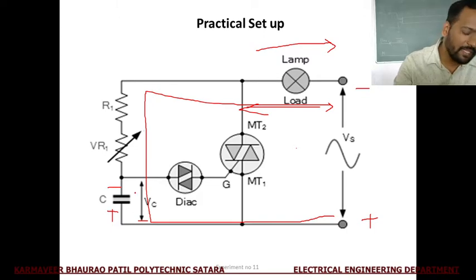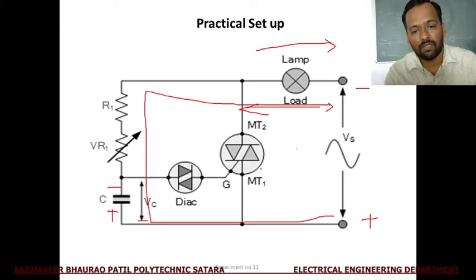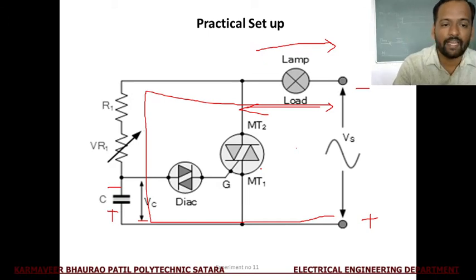When again this capacitor voltage becomes equal to the breakover voltage of the Diac, the Diac will turn on, and this Triac will get a trigger pulse. This Triac will turn on. This turn on and off time of the Triac will decide how much voltage we will get at the output.